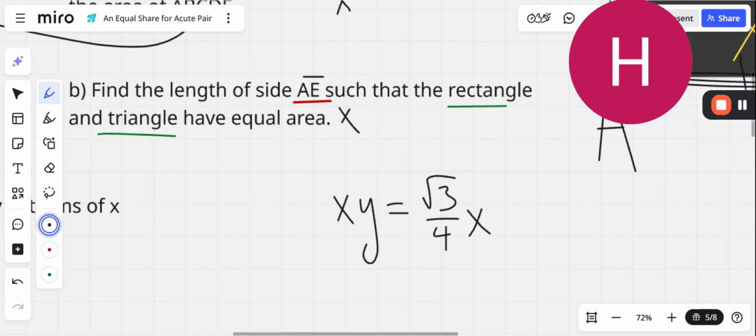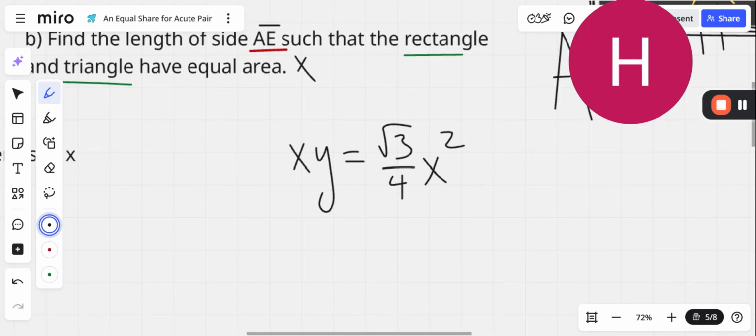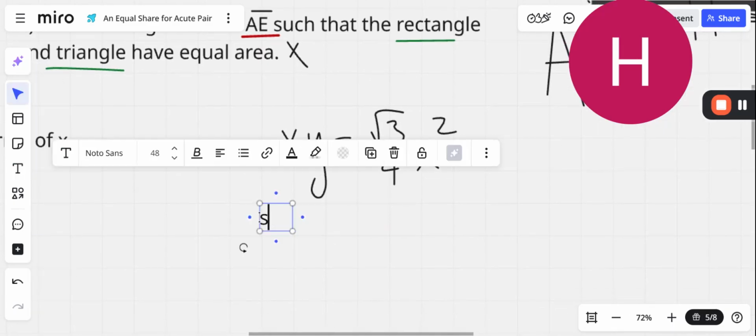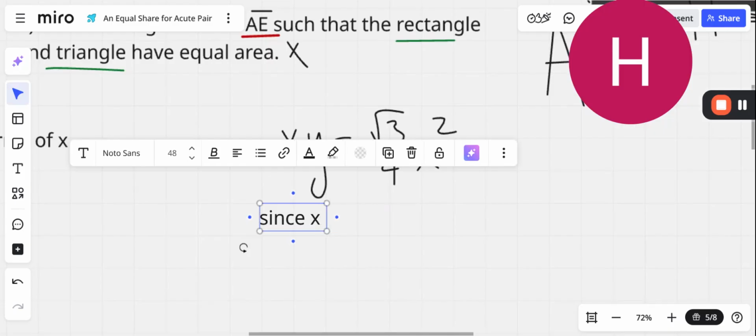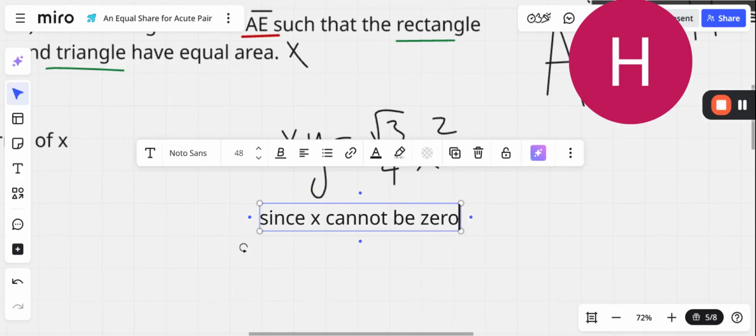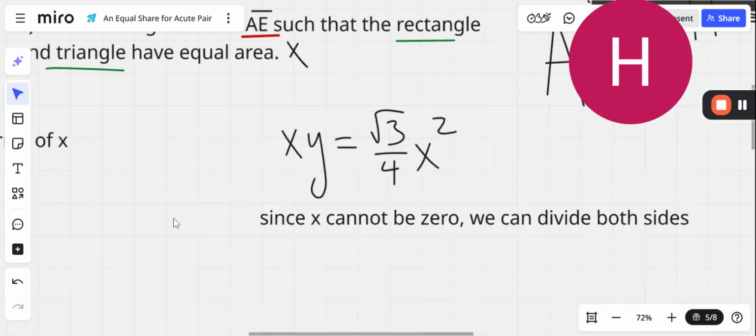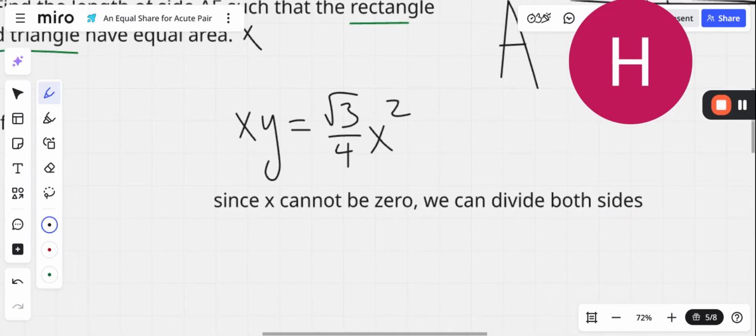And we get to do something here that is not typical when we're solving equations. You have to mention that since x cannot be 0, we can divide both sides. In general, you do not want to cancel a factor on both sides when you're solving an equation because you might be eliminating solutions.